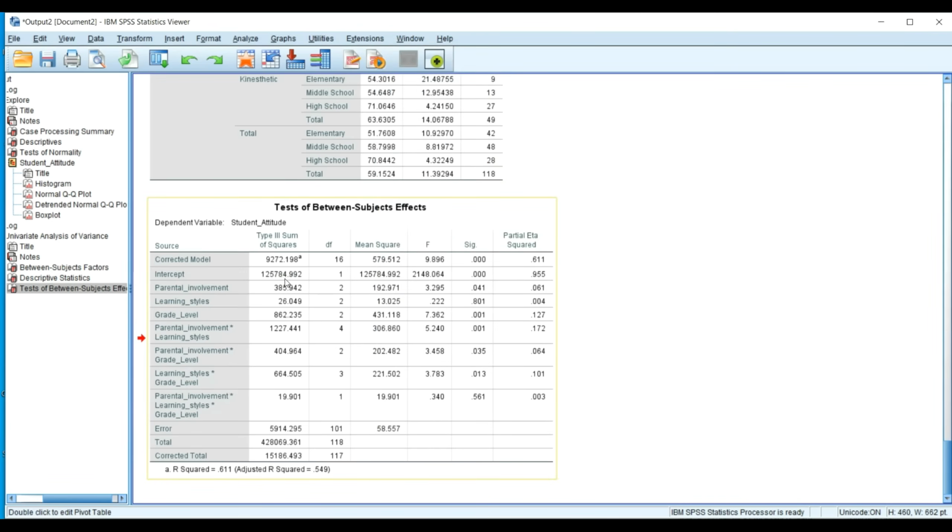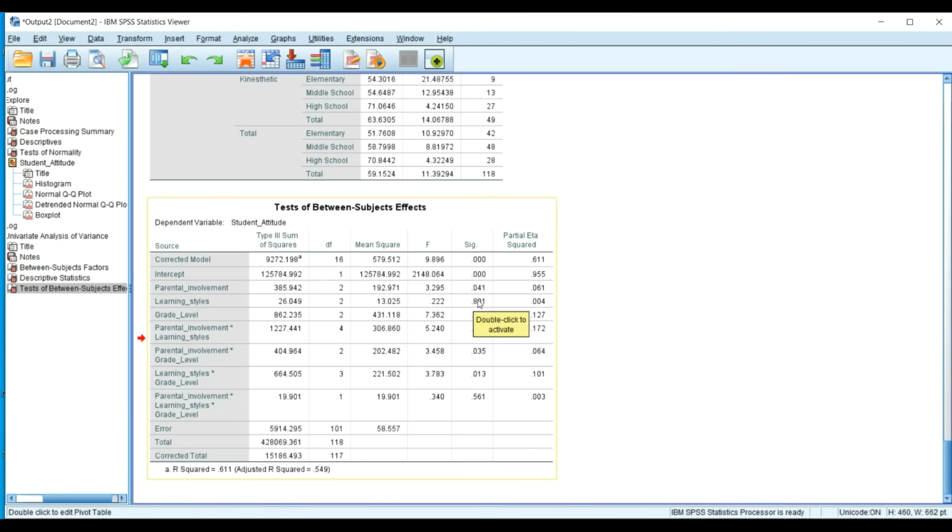Now we can see that there's a statistically significant effect of parental involvement. What it means is that there is evidence that parental involvement significantly contributes to or impacts students' attitude. Again, for learning styles, we do not have evidence, because this is not statistically significant.